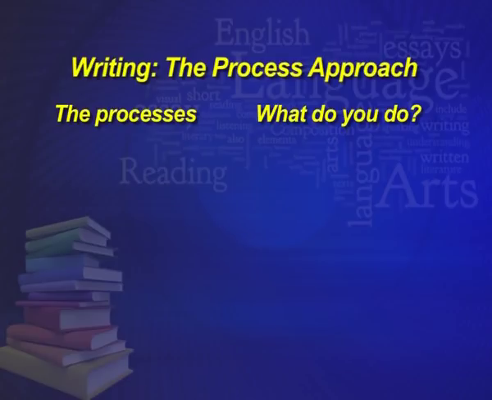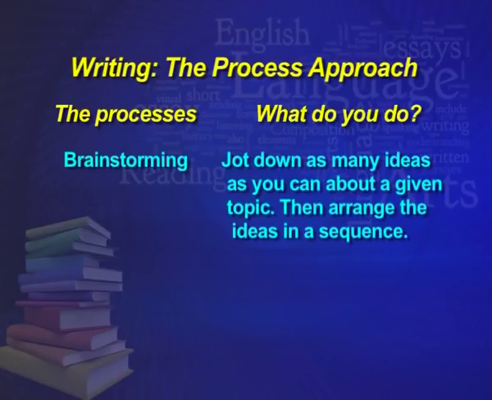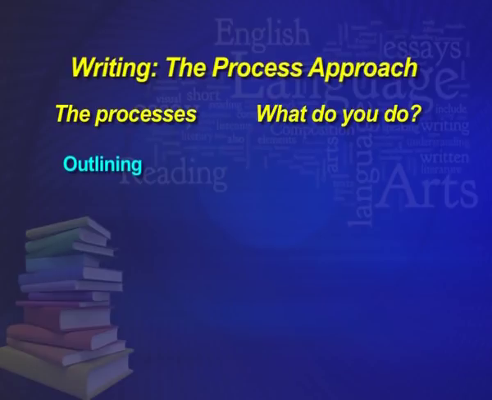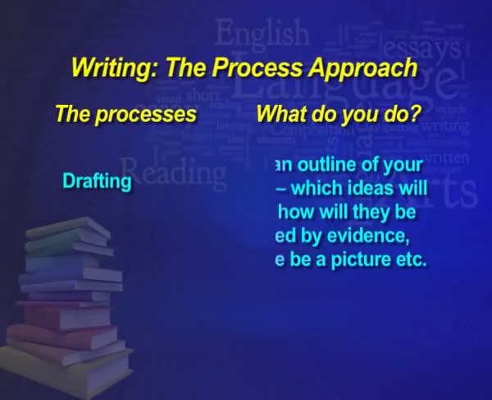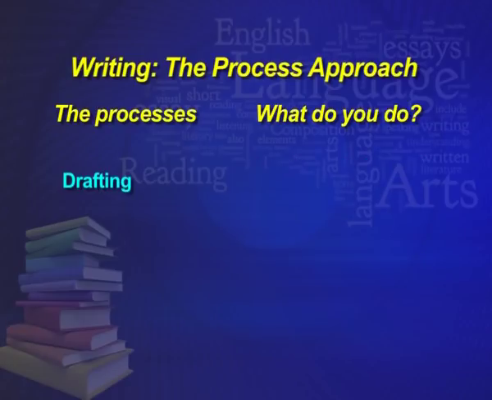The first thing you do as a writer is brainstorming. What do you do in brainstorming? You jot down as many ideas as you can about the given topic, then arrange the ideas in a sequence. Then you create an outline for your writing: which ideas will go first, how will they be supported by evidence, will there be a picture, etc. Drafting: you are writing the first draft now.